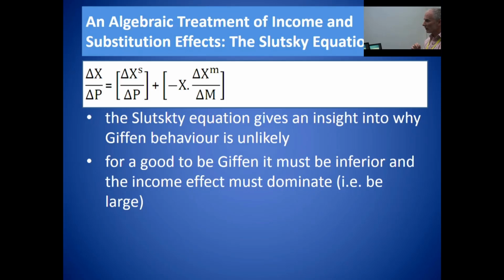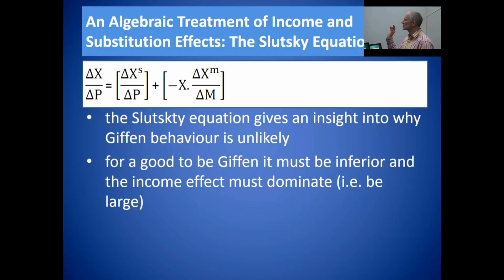Secondly, though, not only must it be inferior, but the income effect needs to be large. If it's an inferior good with a small income effect, the substitution effect will dominate, and we still get a downward sloping demand curve. So it needs to be an inferior good that has a large income effect.